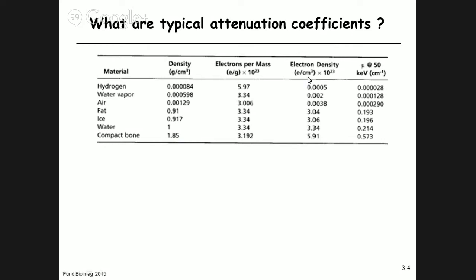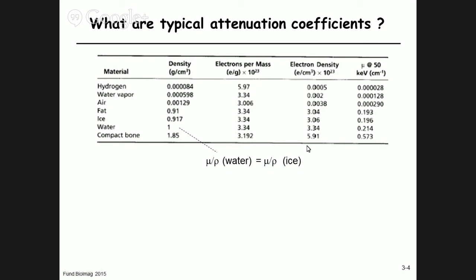But if we express the electron density per volume, this is a different story. Now we can see there's quite a bit of difference with bone the highest, and these are the corresponding linear attenuation coefficients for these types of materials. Now what we see here, if you look at water, we divide the linear attenuation coefficient by the density of water, and we divide the linear attenuation coefficient of ice by the density of ice.